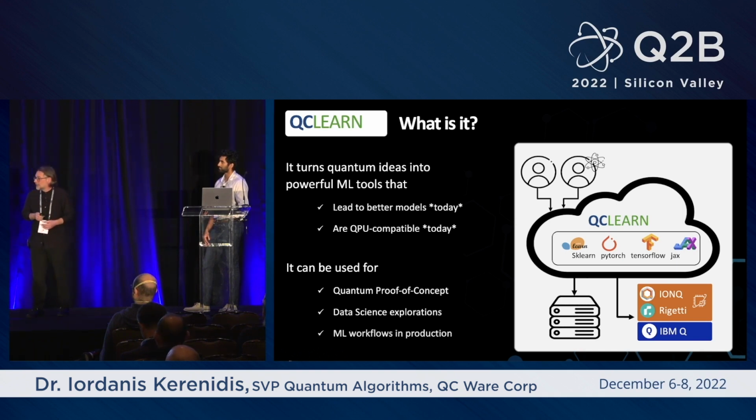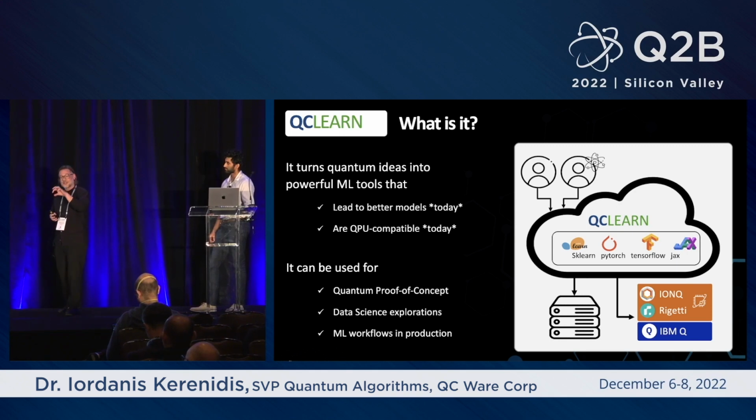But more interestingly, it can be used in machine learning workflows in production today. Any time a data scientist uses sklearn or PyTorch within a machine learning pipeline, we can substitute specific functionalities with our own, keep the pipeline the same, and start seeing improved models today.